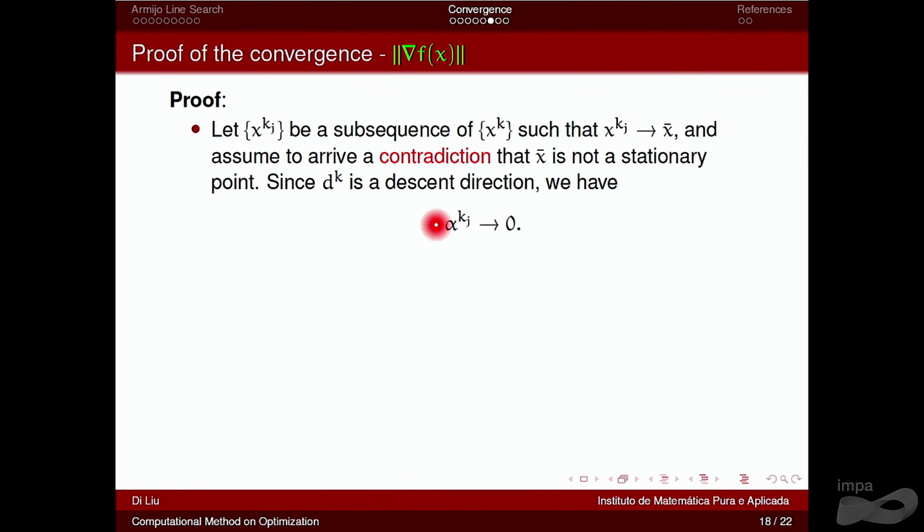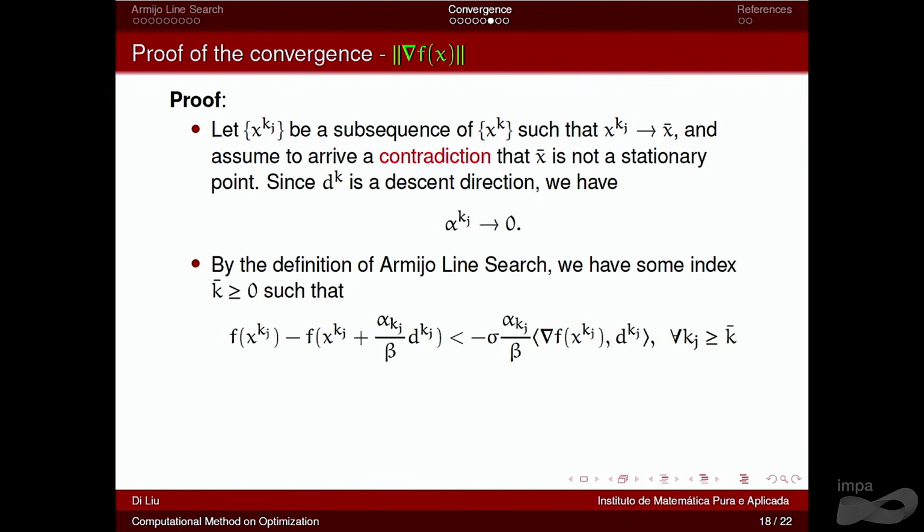This subsequence of the step size approaches 0. By the Armijo line search, because it always takes the biggest alpha which satisfies the Armijo condition, together with alpha_{k_j} approaching 0, we can find some index k bar greater than 0 such that for any k_j greater than k bar, this inverse inequality holds.